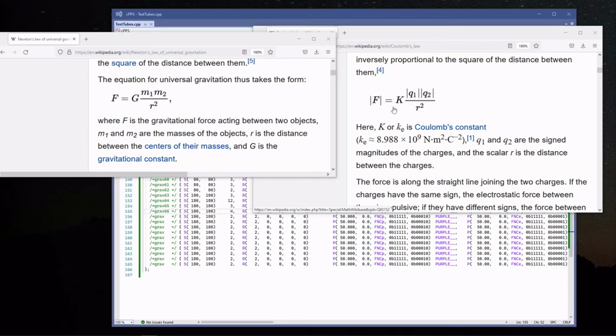But so does Coulomb's force. And in Coulomb's force, the equation is the same. It's an inverse square law. But you have this k here, which is much, much greater than G. And the charges are greater also.